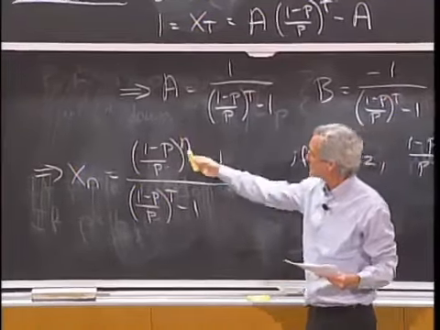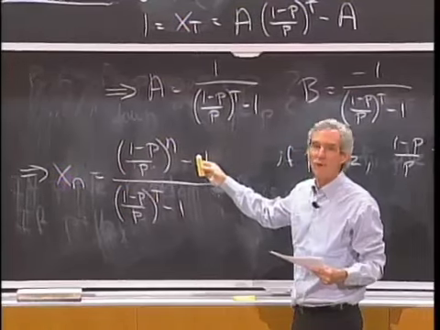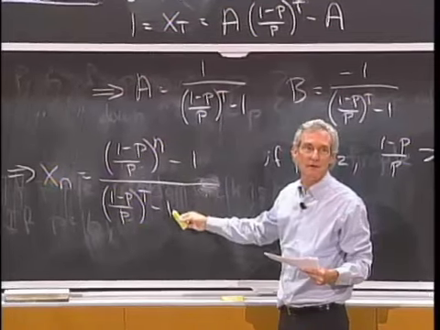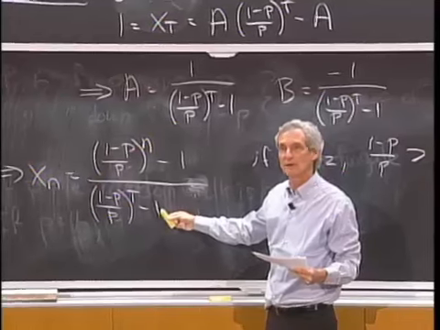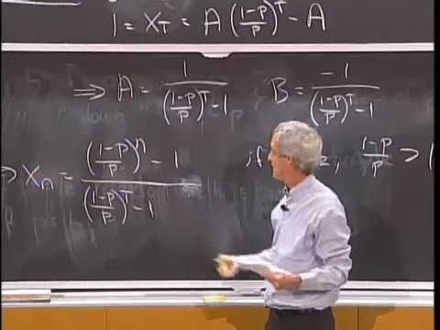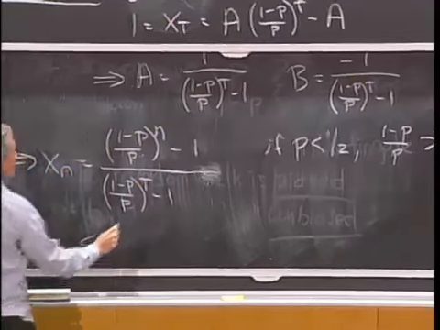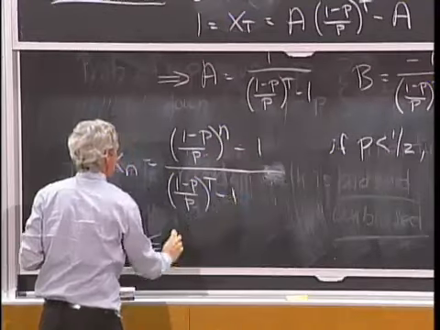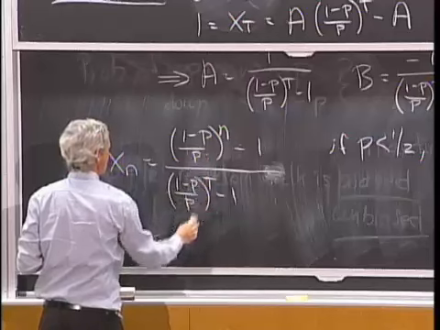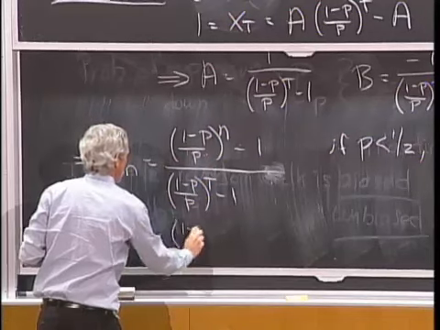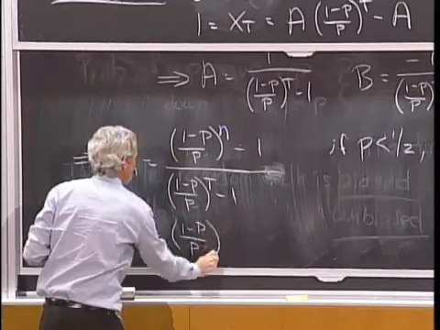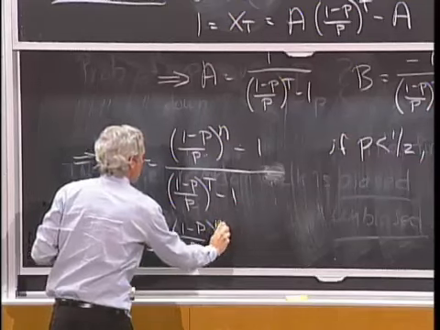And when you have a fraction less than 1, if you add 1 to the numerator and the denominator, it gets closer to 1. It gets bigger. So this is upper bounded by just adding 1 to each of these. It's upper bounded by this over that, which is ((1 minus p) over p) to the n minus t.